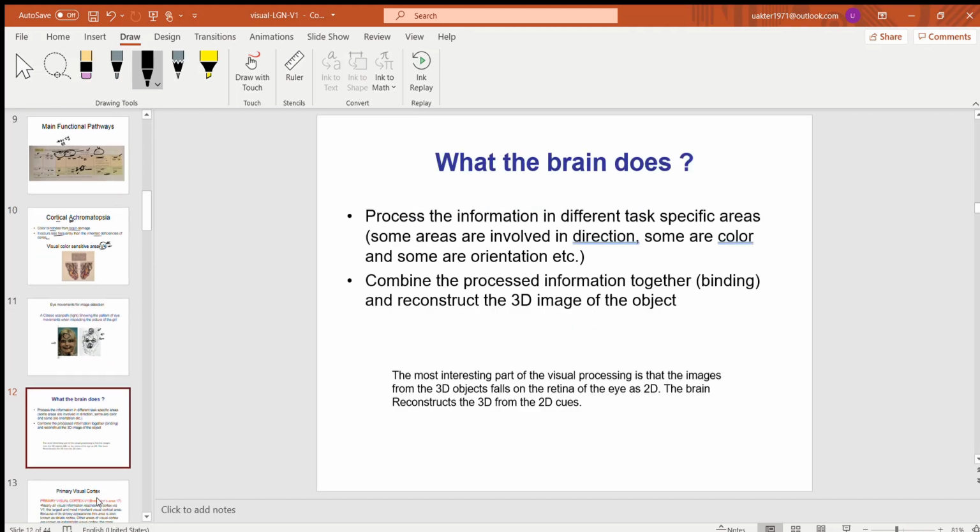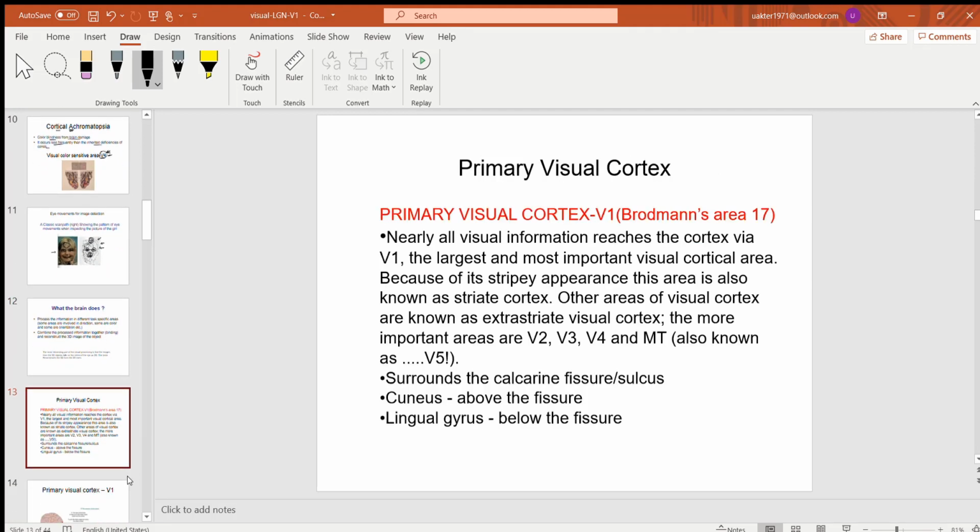Okay, now let's talk about the primary visual cortex. So now we know how the signal arrives in V1, or primary visual cortex, which has 6 layers. Layer 4C alpha and beta are the main input layers that receive the signal, and also layers 2 and 3. From there the signal goes to V2, V3, V4, MT, and then the dorsal and ventral pathways.